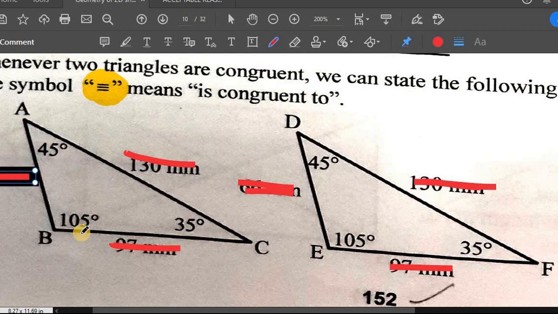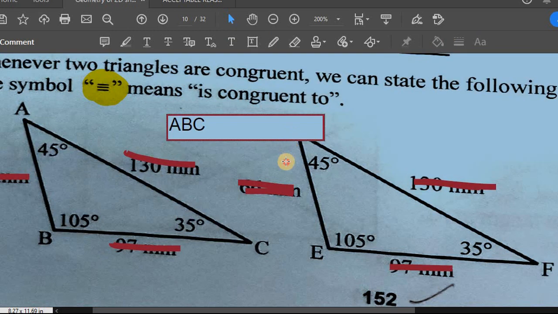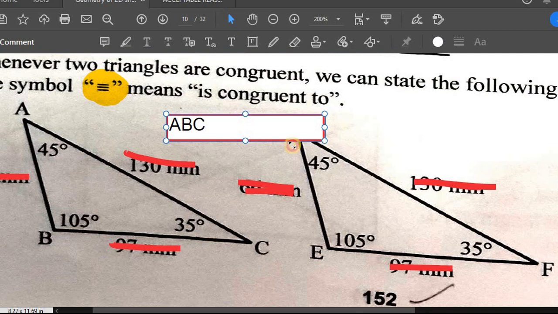See, when I go to ABC, I went to 45, 105, 35. So here, see, I went to A, B, C. Let me write that down. I went to A, then B, then C. That's how I went there.